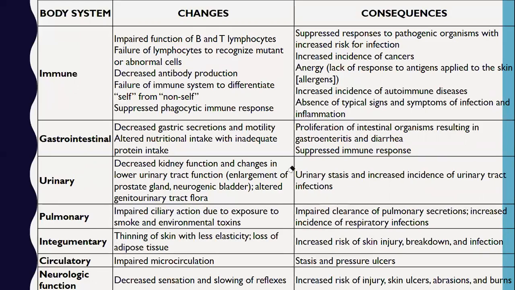So you have changes to your immune system, changes to your GI tract, and how that's going to affect your immune system. And then on down the slide, you've got, for instance, decreased gastric secretions and motility, and how that's going to affect your immune system. So do take your time and review this chart.